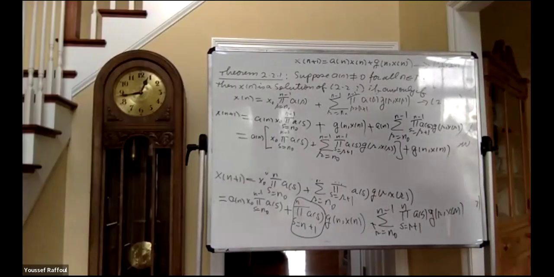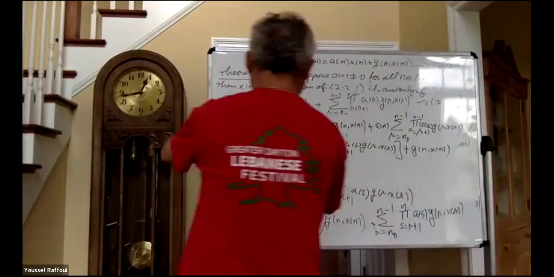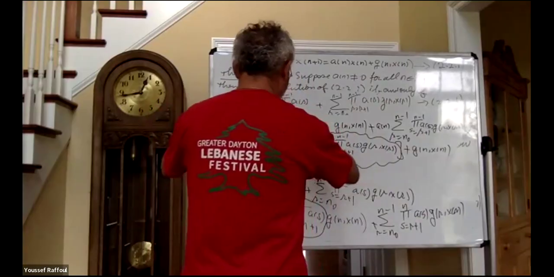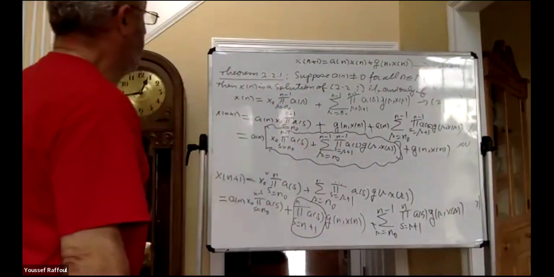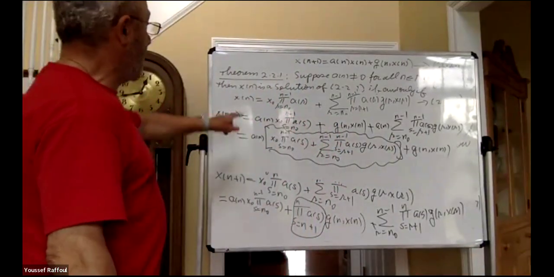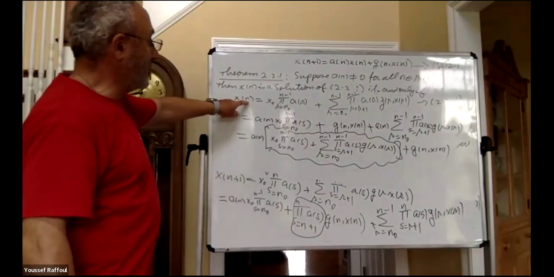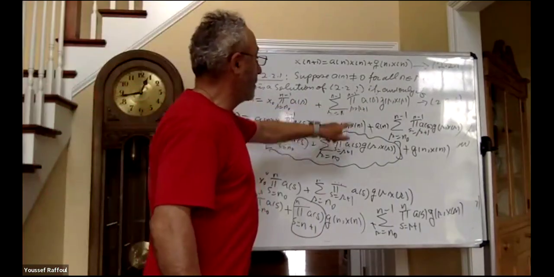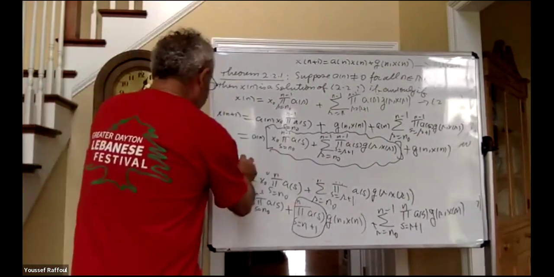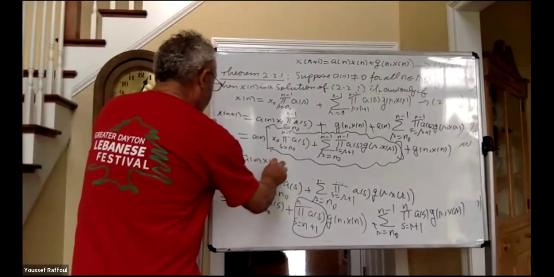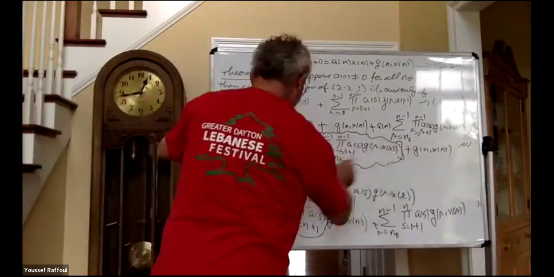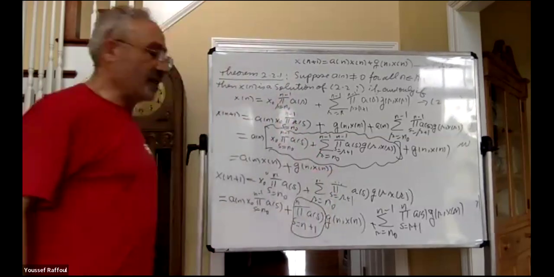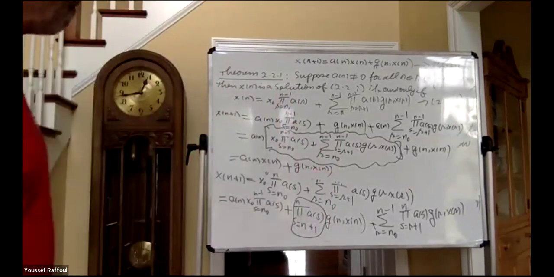Okay, now what do you notice this is? What is that? Isn't that xn? Take a look at it. Isn't that xn? So that is an xn a plus this one. And that's it. That's the proof. Okay?